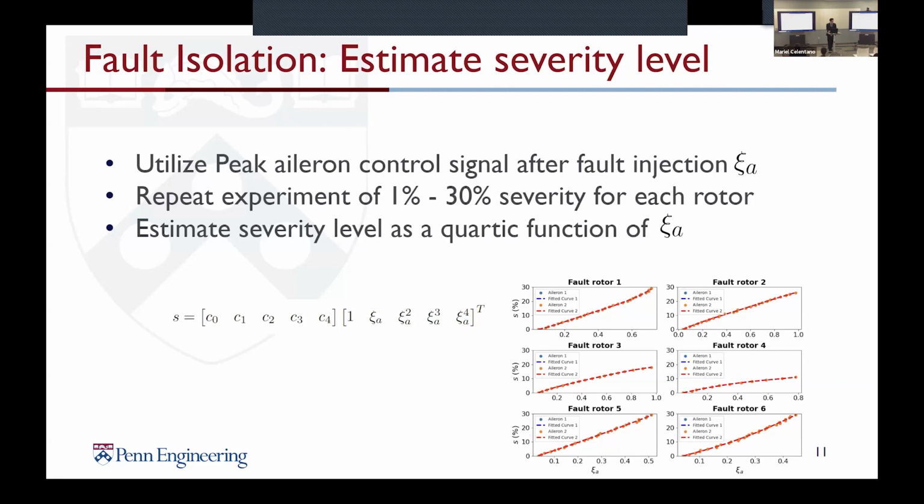After that, we estimate the severity level as a quadratic function of eta A. So basically, when we know the faulty rotor is number 2, we apply it to the second diagram, and we use the eta A we have and multiply it with the coefficient we got from the diagram.